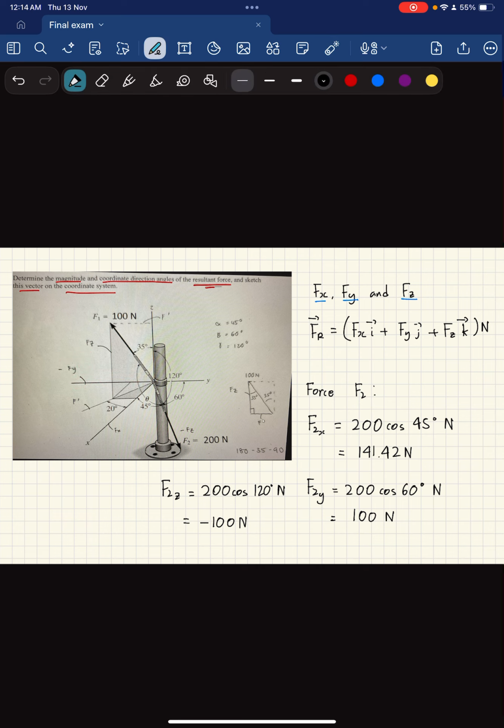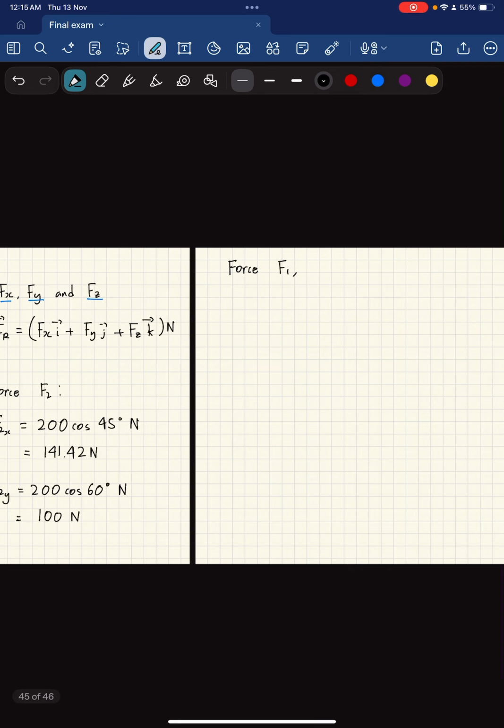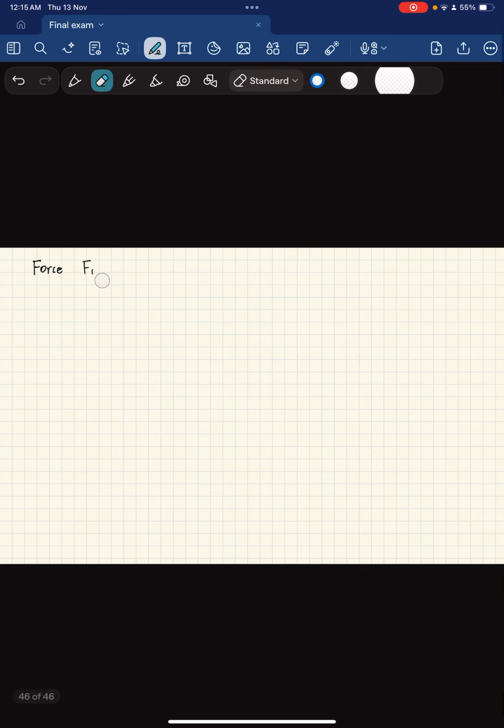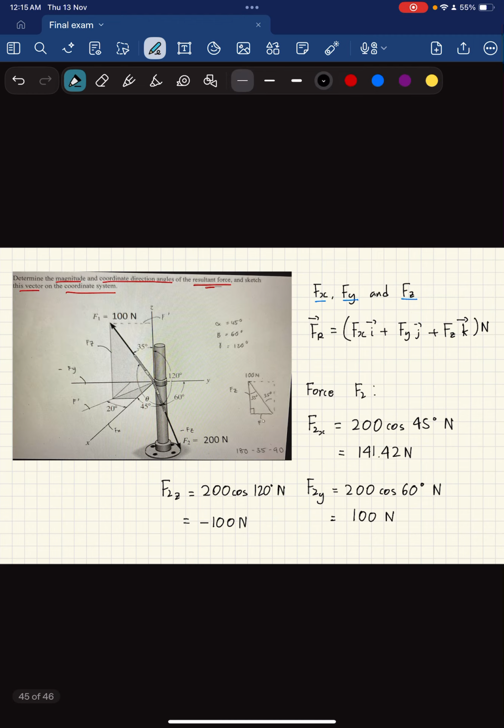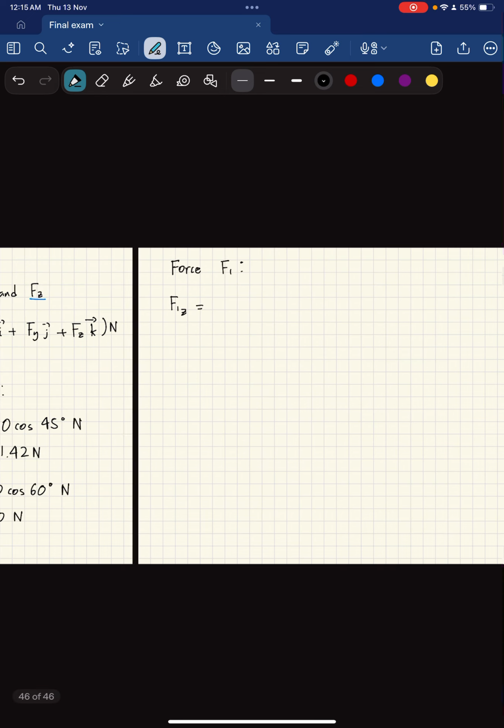Now let's break down force F1 into its x, y, z components. So force F1, let's put a colon. Let's start with the easiest one, F1z. F1z is pretty easy. It's just simply 100 Newton cosine of 35, right?